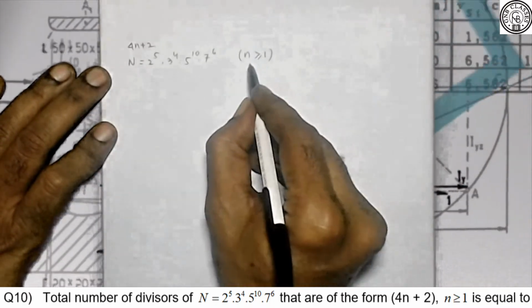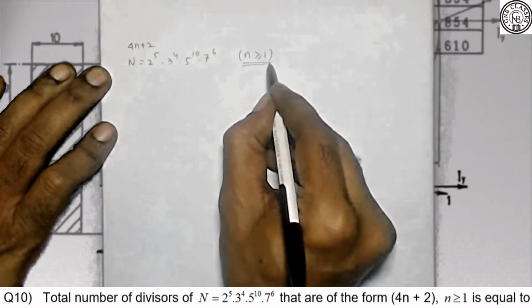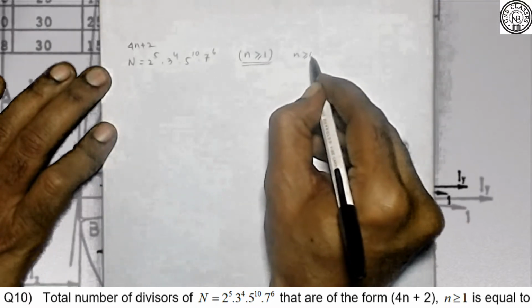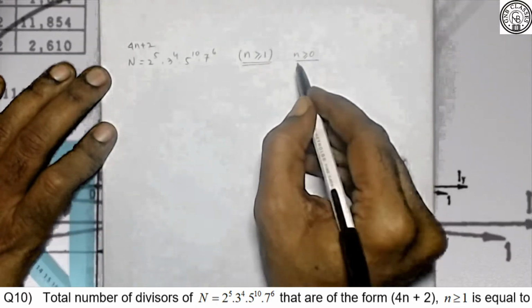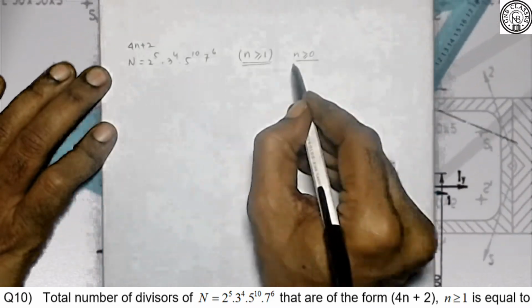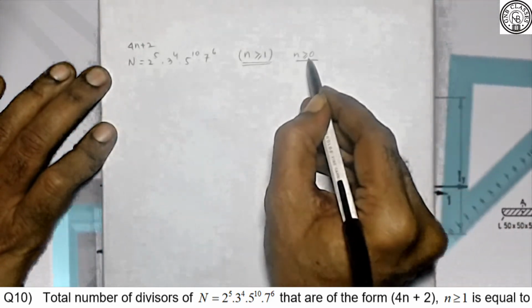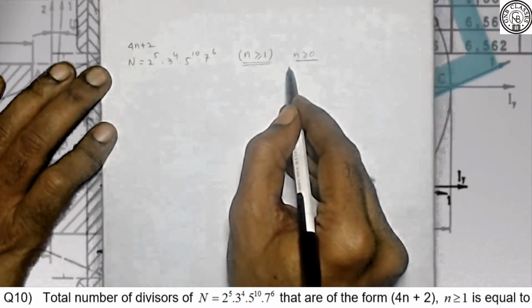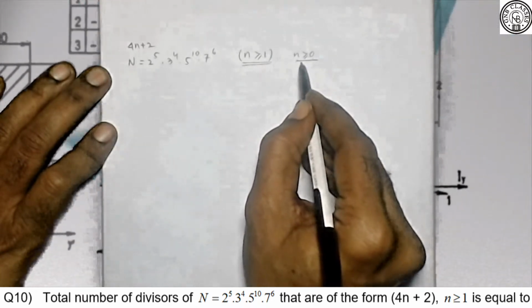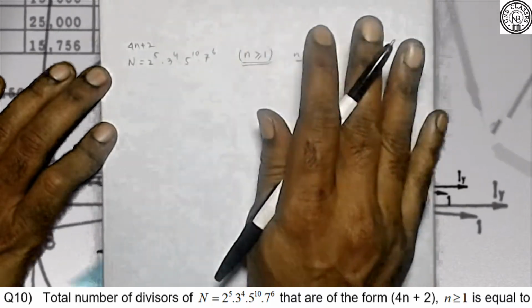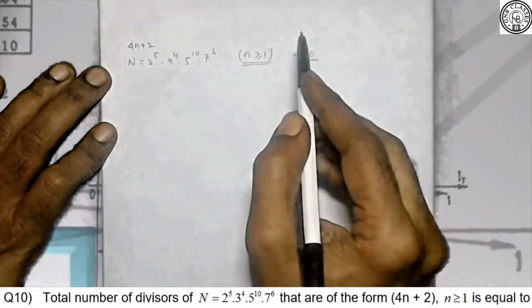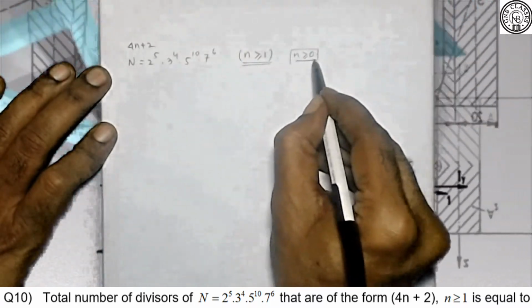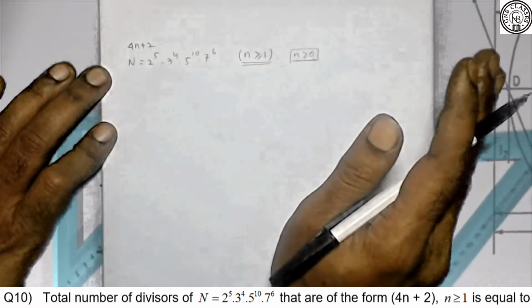For the time being, let us forget about this and assume that n is greater than or equal to 0. The difference will be that here, when n equals 0, those divisors we would consider, but the actual problem demands that you should not consider n equals 0. That we will calculate later on. First, let us assume that n can be equal to 0 also.